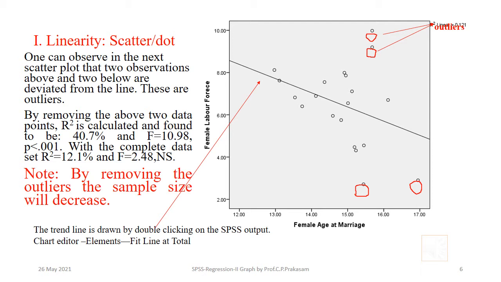Therefore, we should find the outliers in our data set, and according to the researcher's decision, they can be included or deleted. By removing outliers, the sample size will decrease, and as the sample size decreases, there is a greater chance of error. There is a lot of discussion about how to remove outliers, which we will discuss in multivariate analysis.